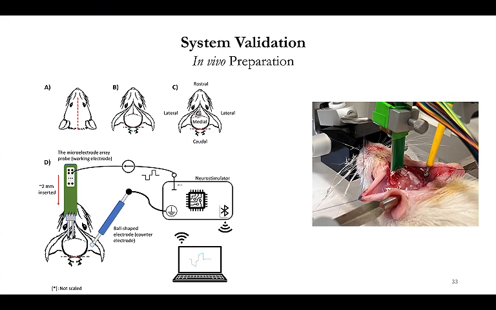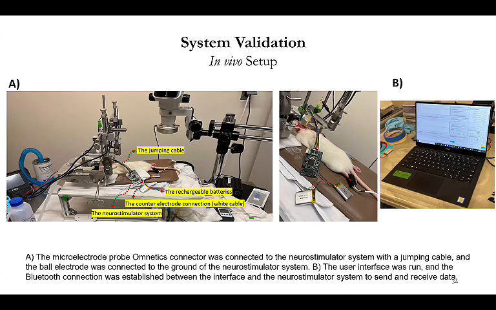So this is a broad view of how the in vivo study was applied during these studies. In figure A, you see a surgery table, a microscope, and the rat fixed on the stereotactic frame, and all the electronics and battery are on there.